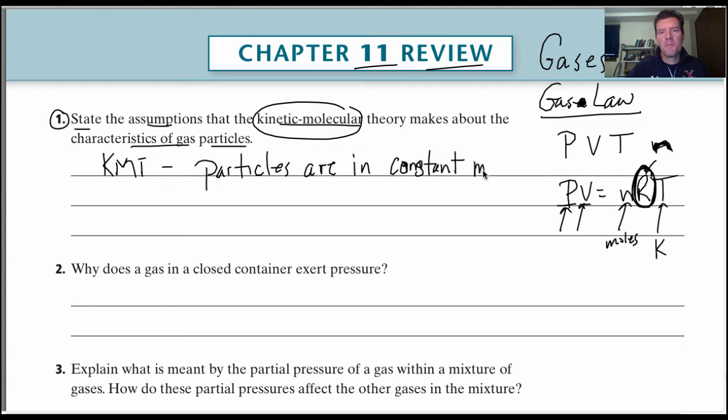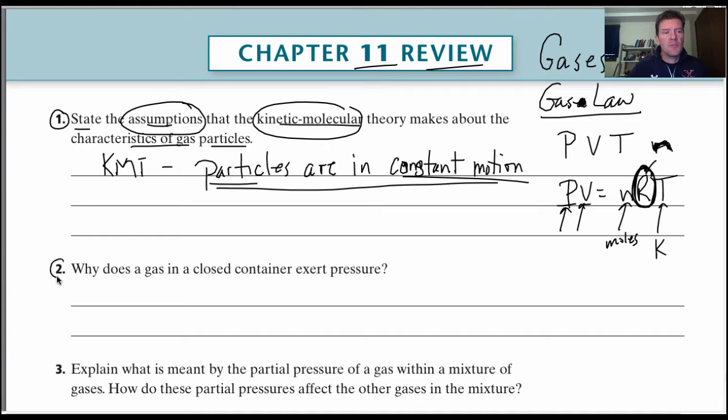Okay? That one statement helps us determine a lot about the properties and the characteristics of gases in particular, but also matter like liquids and solids. Okay? Now we could go into the other 5 assumptions there when we talk about gases, but we're just going to leave it there that particles are basically in constant motion.